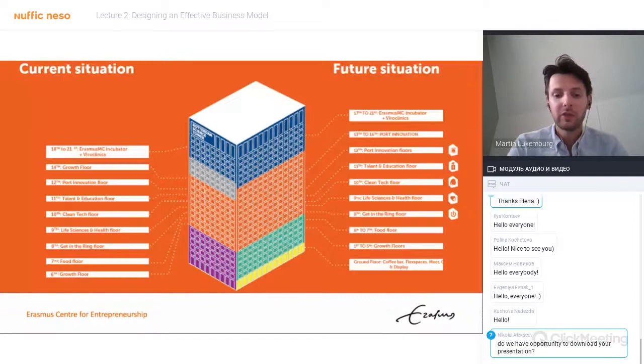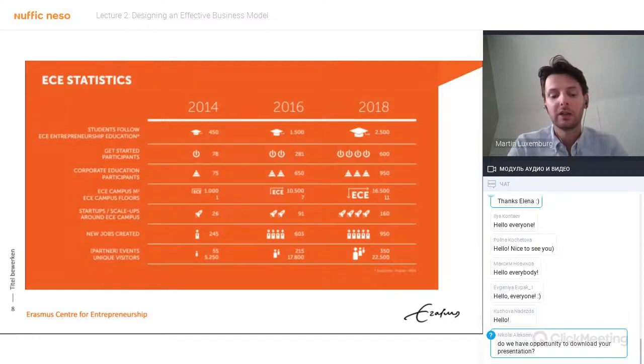Moving forward, we created an incubator and an accelerator, which now houses over 10,000 square meters and over 100 companies. We run entrepreneurship programs and develop entrepreneurship courses. And as I said before, we do a lot of research on why companies grow and why companies scale. That part I really want to share with you today.